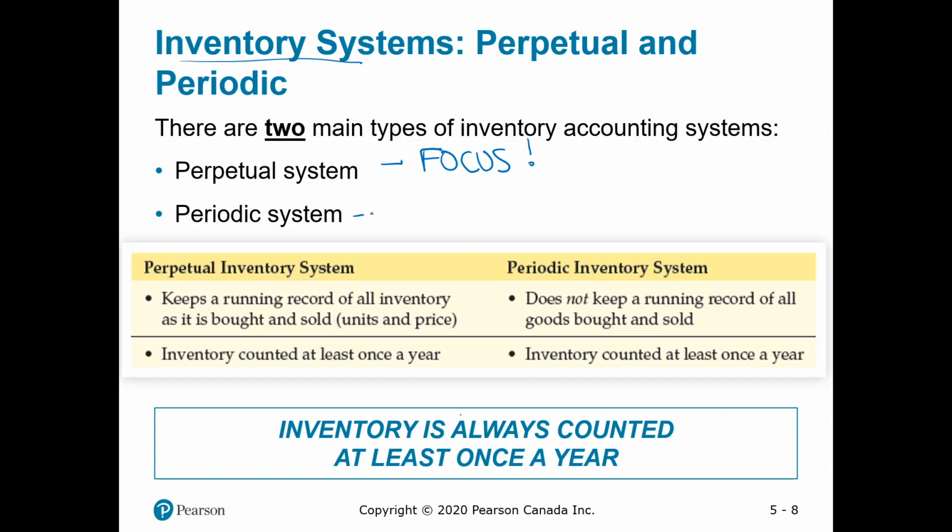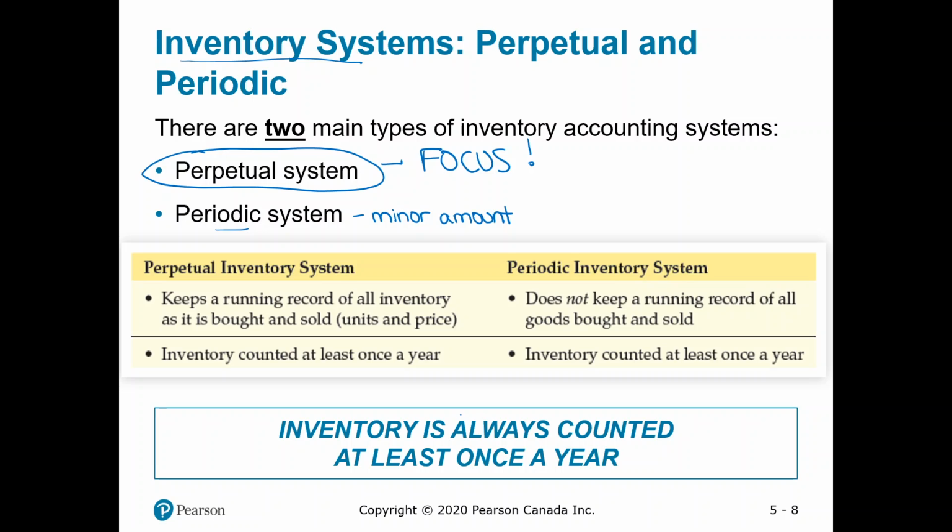We're only going to talk a minor amount about the periodic. As we go through, I'll let you know what you do need to know on the periodic, but you won't need to know journal entries from that system, just a few calculations. But we are focusing on perpetual, so you need to know all of the things on the perpetual system.